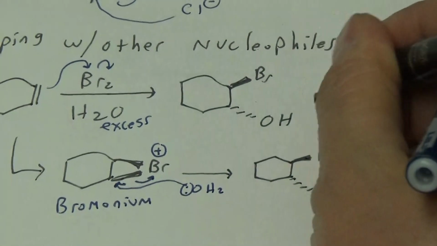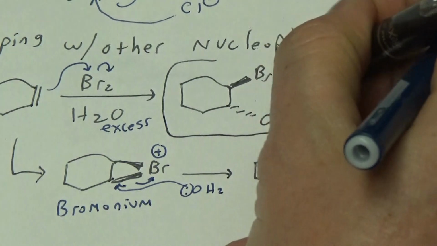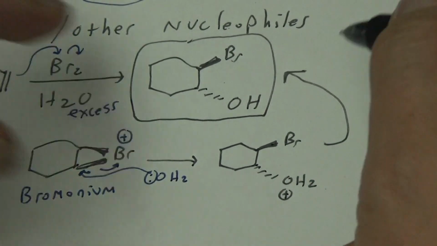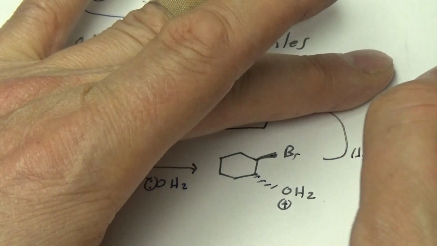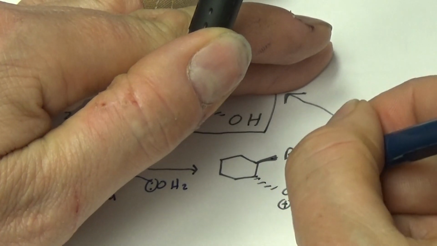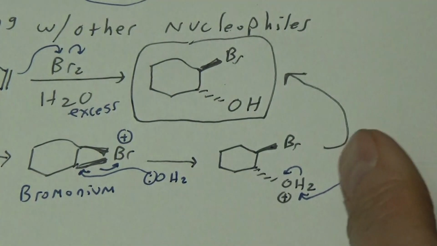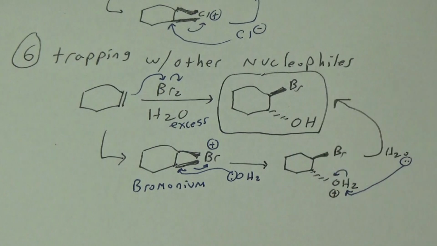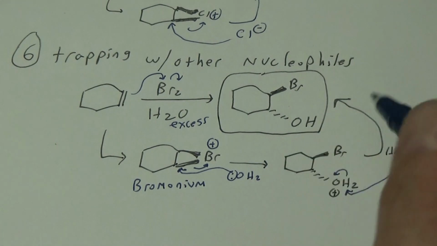And now, how do we get to the final product? Something takes off that proton, like maybe water, H2O. Something like that. And that is how these form. There's a name for this product.